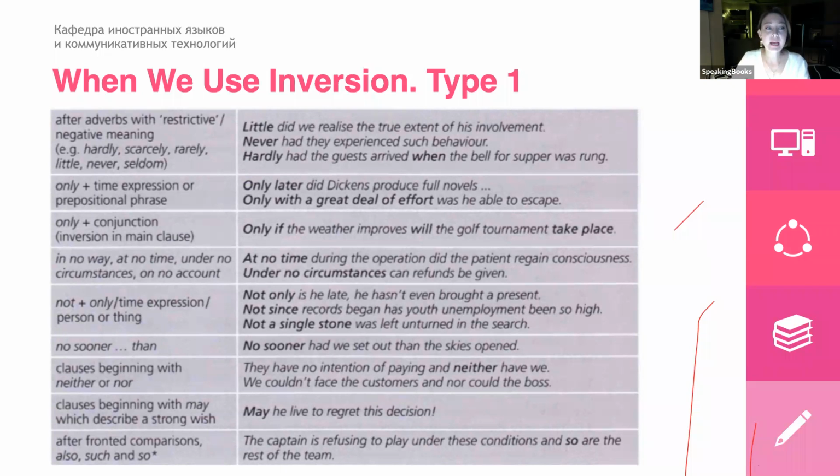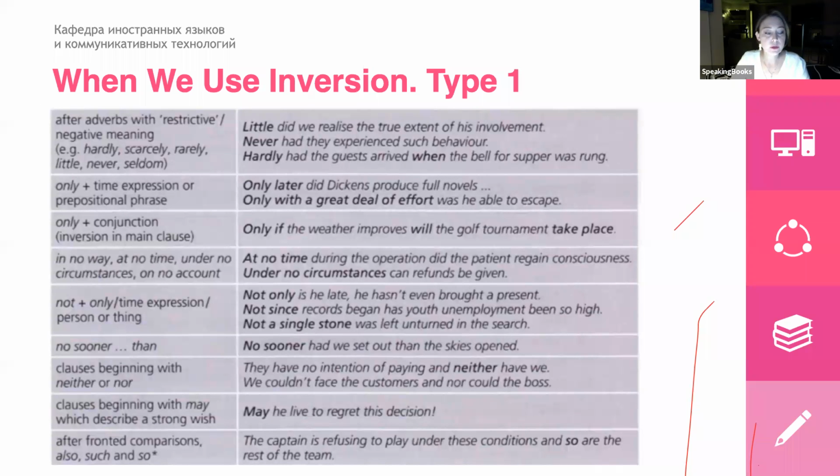So when we have adverbs with negative meaning, like hardly, scarcely, rarely, little, never, seldom, we are supposed to use inversion. Look at the first sentence here. Little did we realize the true extent of his involvement. Мы крайне мало понимали, насколько на самом деле он вовлечен. Maybe there is even a stronger translation into Russian here.